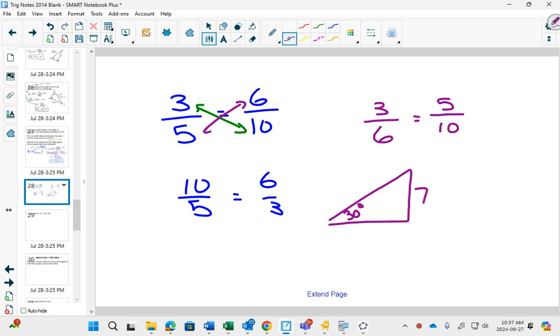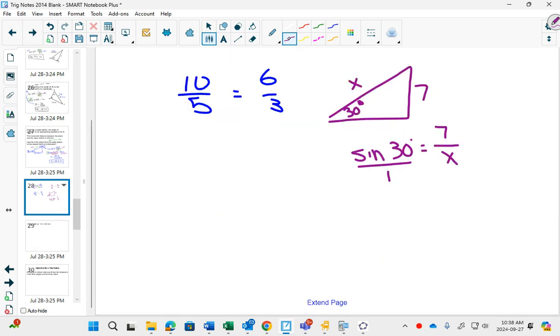30 degrees, 7, and x, you could set up sine of 30 degrees equals 7 over x. This is really sine over 1. So I could multiply both sides by x and divide. Type that into my calculator and get 14.